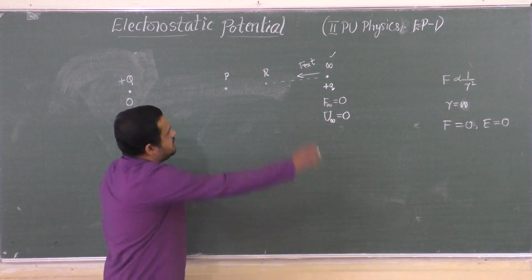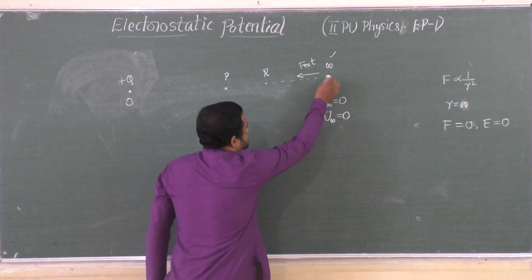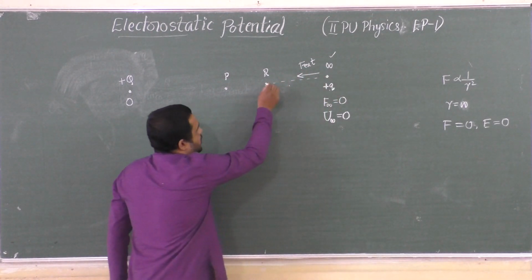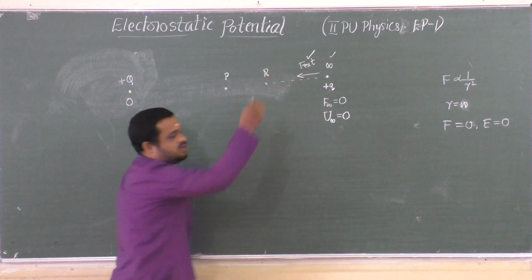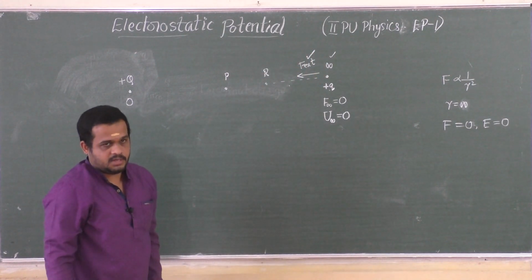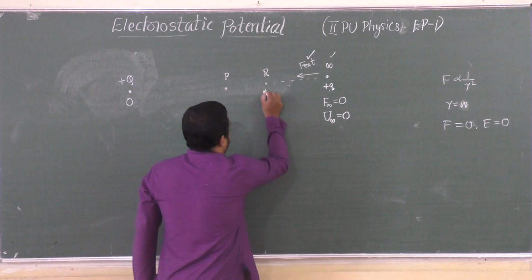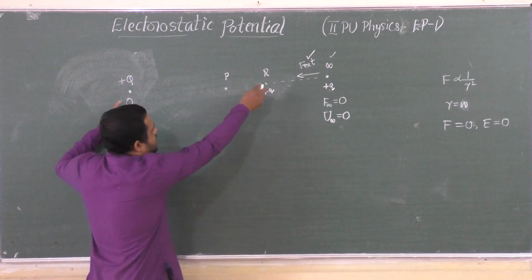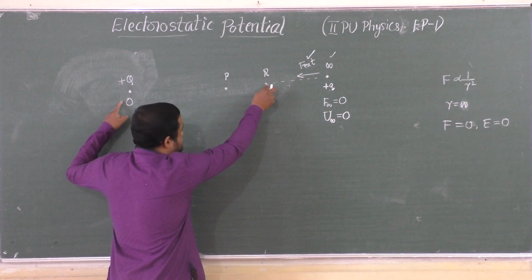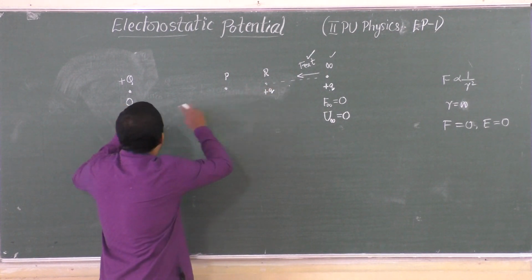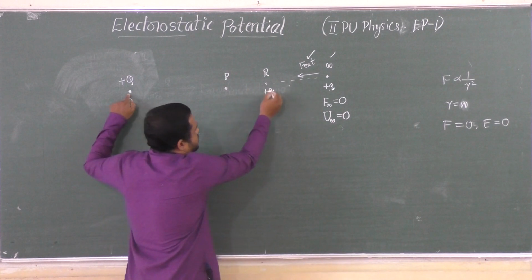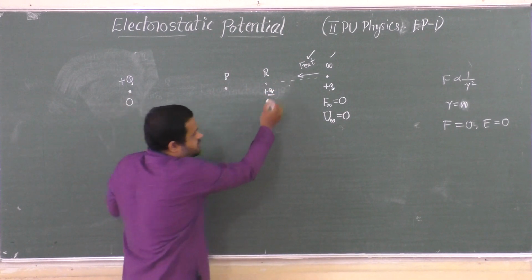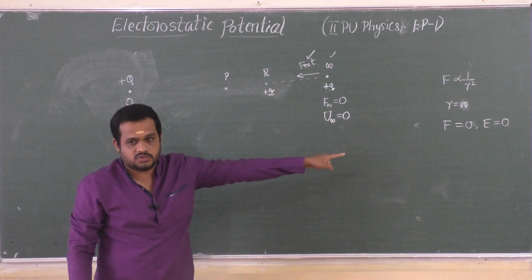Now imagine this test charge is displaced from infinity to point R with the help of external force, F external. Now the charge plus q reaches point R. Point R is at finite distance, the distance is not equal to infinity. So due to the source charge, the test charge at this point will experience electrostatic force.